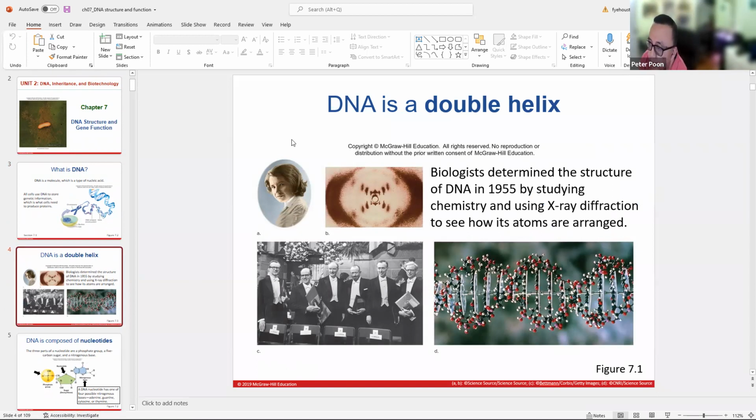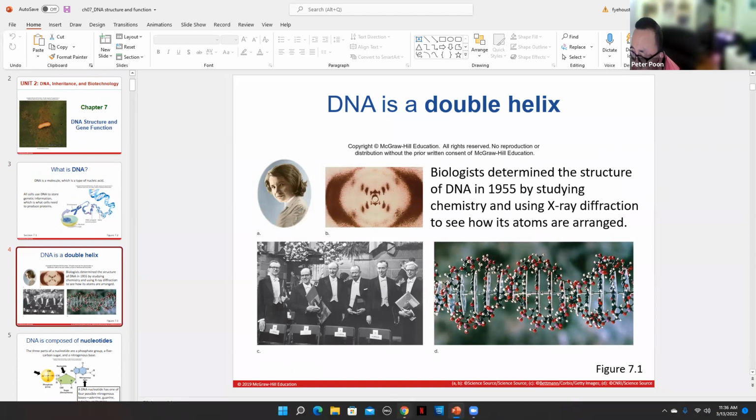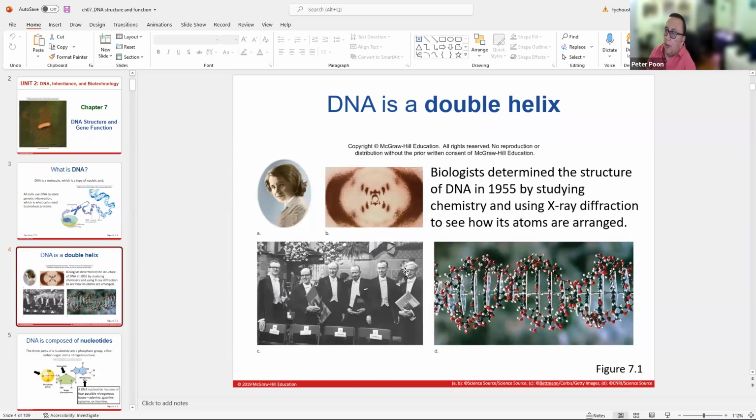This is Rosalind Franklin, and these two guys on the side are Watson and Crick. These three people should get credit for determining that DNA is a double helix.